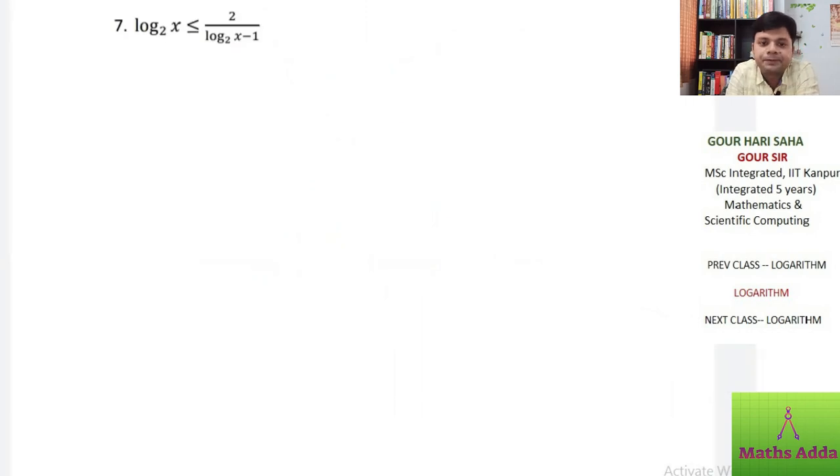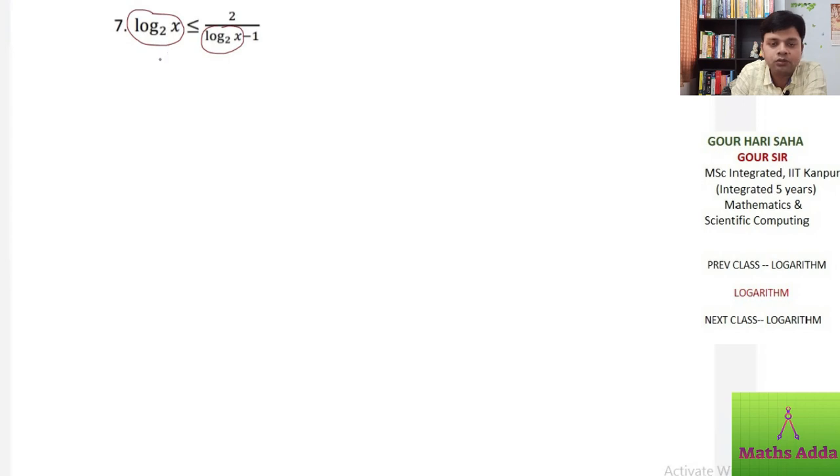Now 7th question. Log of x base 2 is less than equal to 2 by log of x base 2 minus 1. So this is an inequality question, and I see log of x base 2 here as well as log of x base 2 here, right? We cannot cross multiply. I told you earlier, in inequality you cannot cross multiply, otherwise there will be a wrong answer.